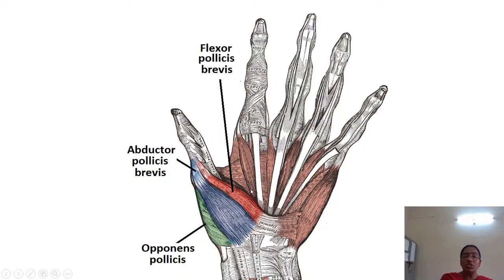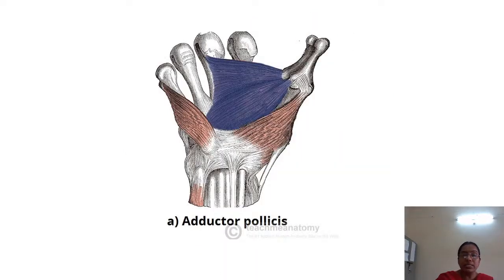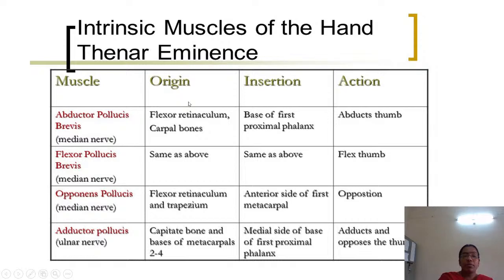Whenever we discuss a muscle, we should talk about the origin, insertion, action and nerve supply. As we have said, the origin of all the thenar muscles is from the carpals and metacarpals, here for flexor pollicis brevis, opponens pollicis and abductor pollicis.